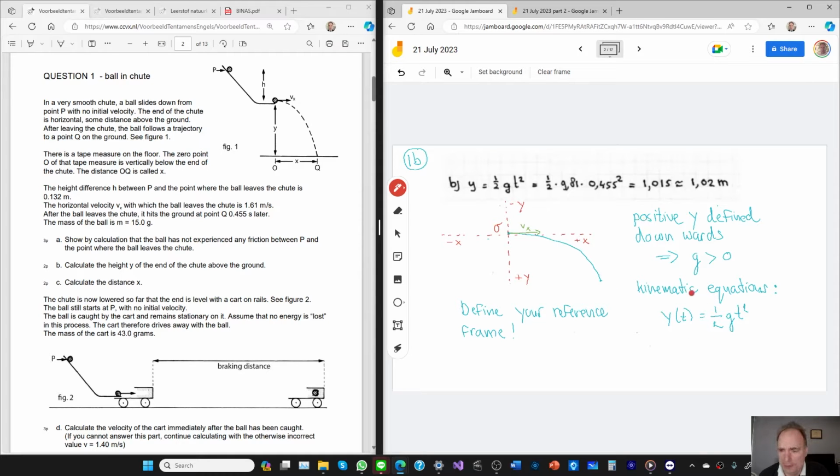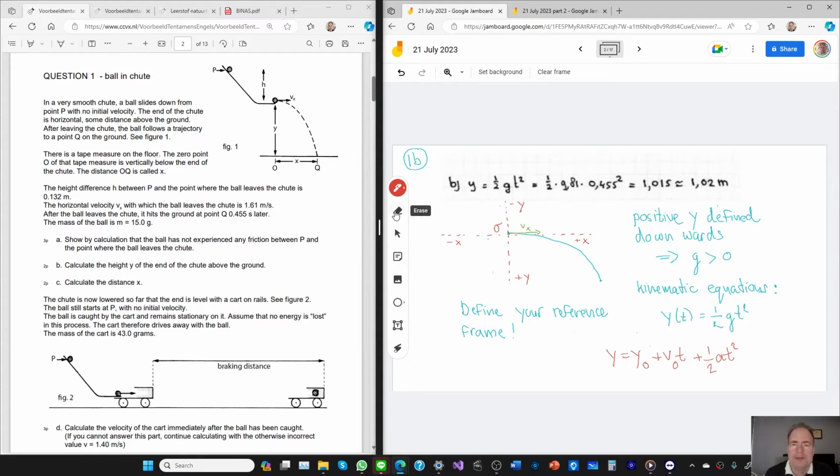Although I didn't see this particularly listed in the leerstof in the syllabus, it can be found in the PINAS. The more general form you need to remember is y0 plus v0 t plus 1/2 a t squared.